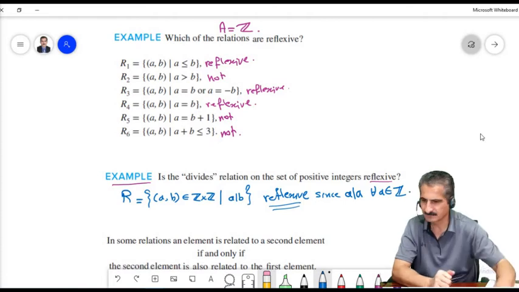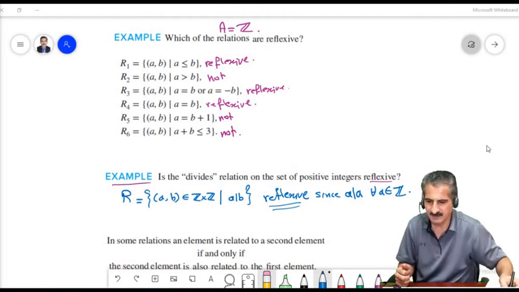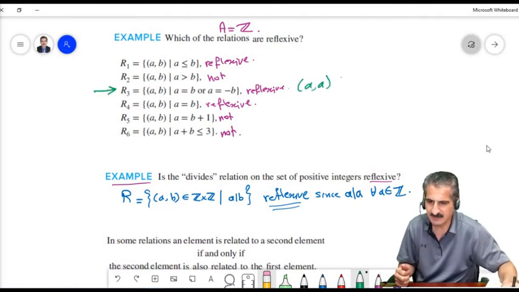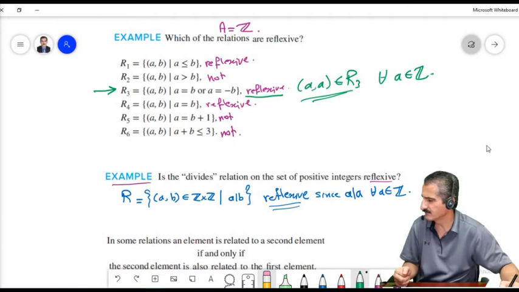Okay. In R3, every element is related to itself. It contains (a, a) for every a belonging to Z. This is correct, right? So every element is related to itself, so it is reflexive indeed.